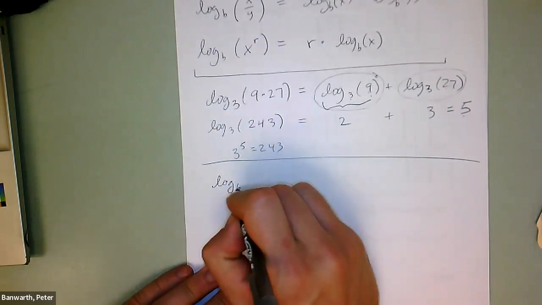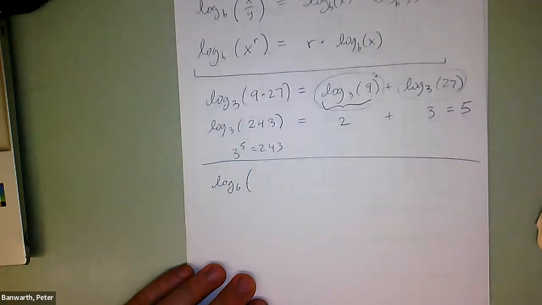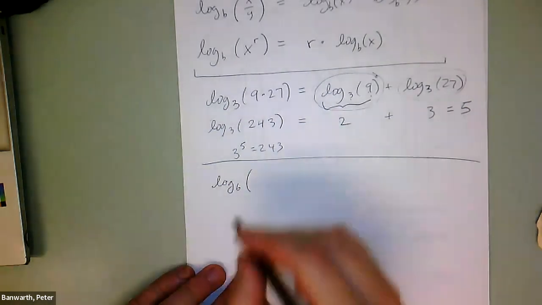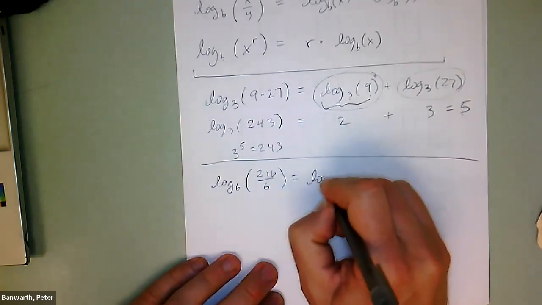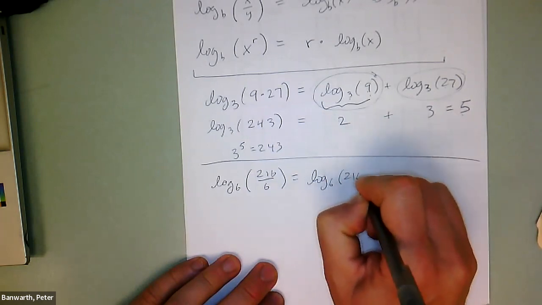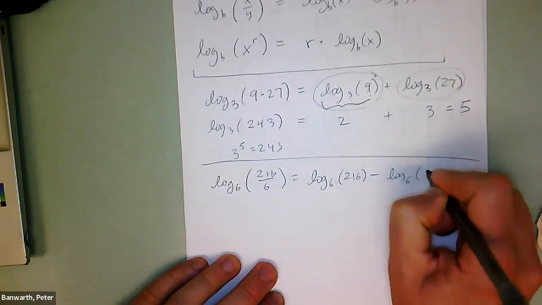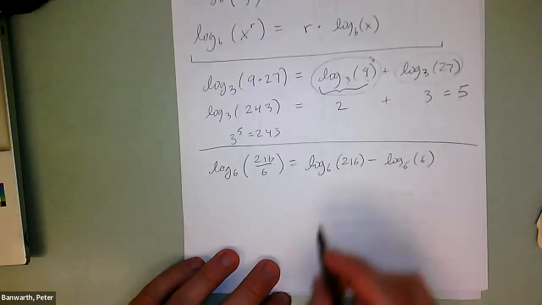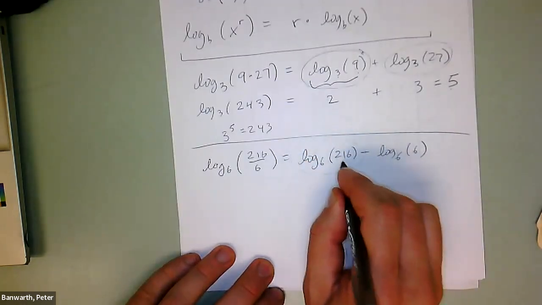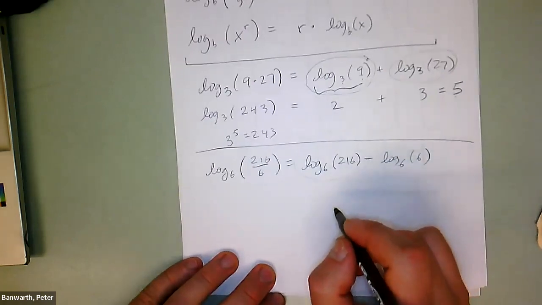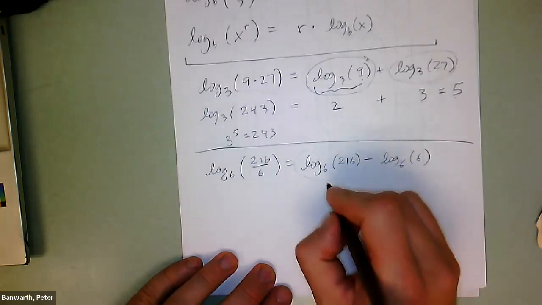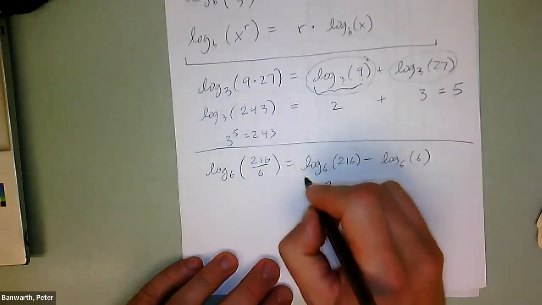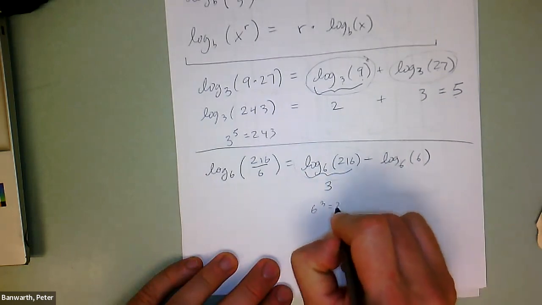Log base 6 of, let's do 216 over 6. According to our log rules, is log base 6 of 216 minus log base 6 of 6. This term is the power that goes on 6 to get 216, that power is 3, because 6 cubed is 216.